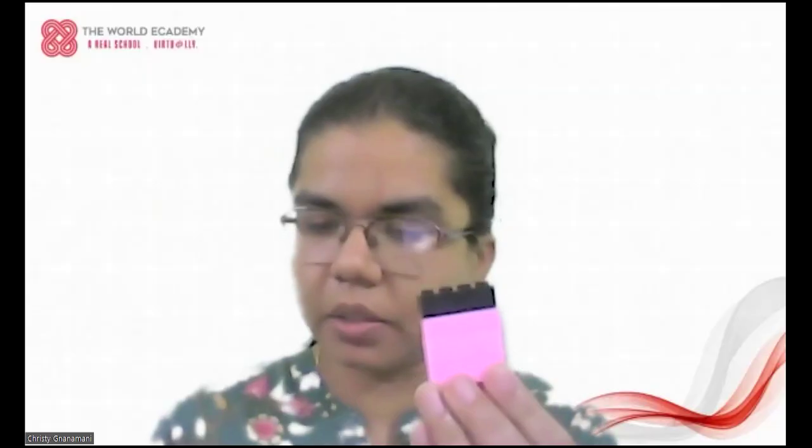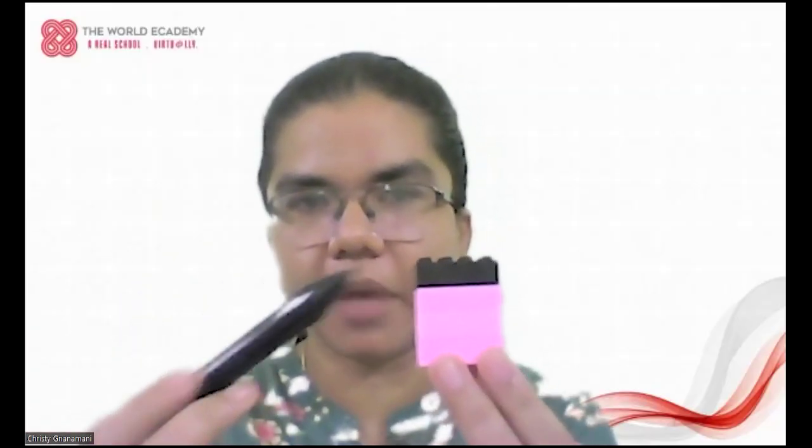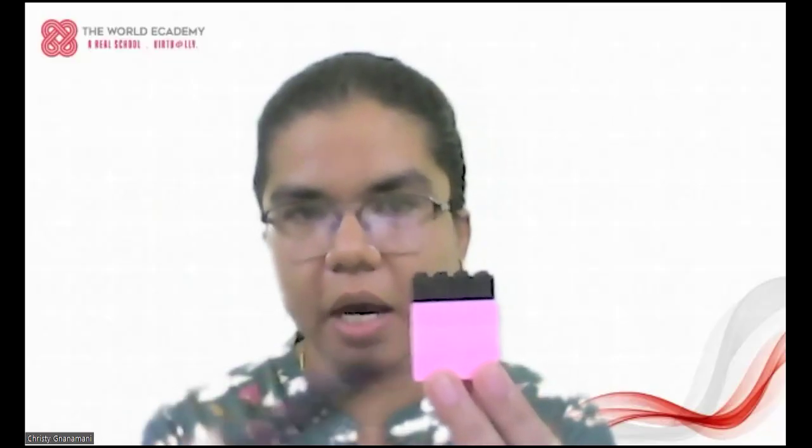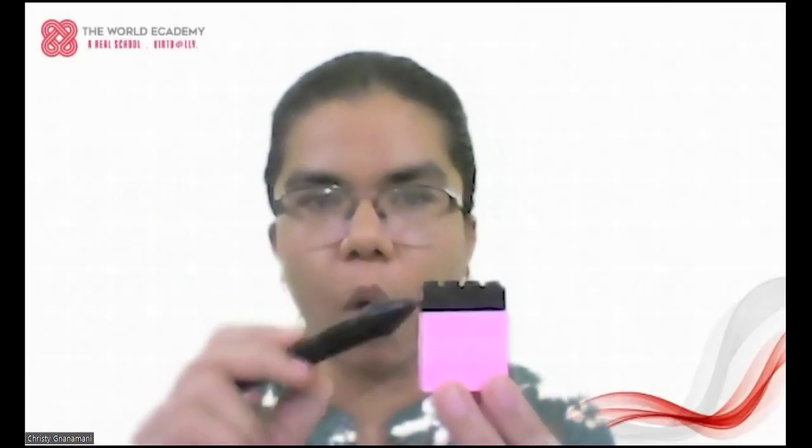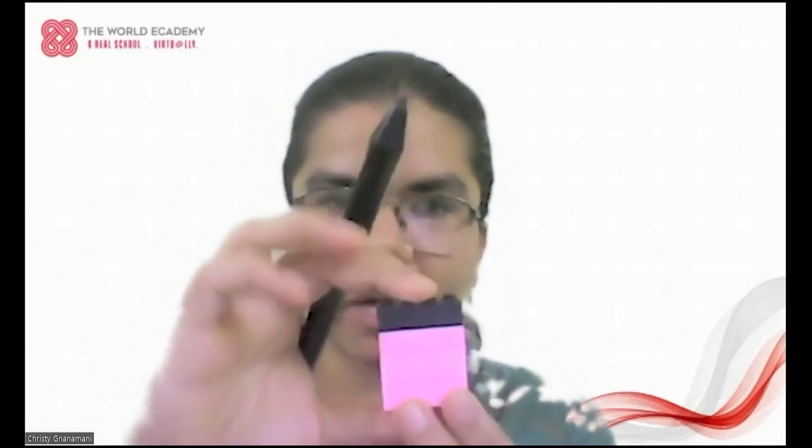See here. This block is made up of how many pieces? 4 pieces. Out of these 4 pieces, 1 piece is a black piece, right?